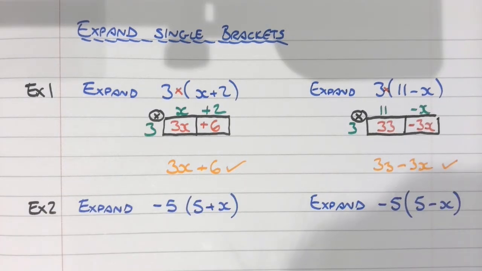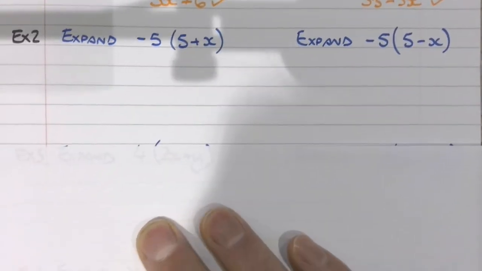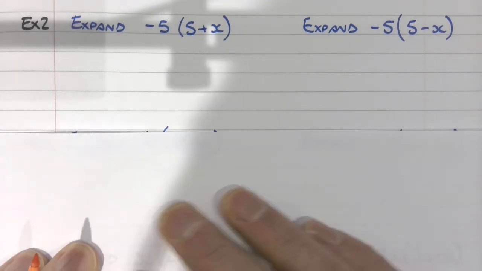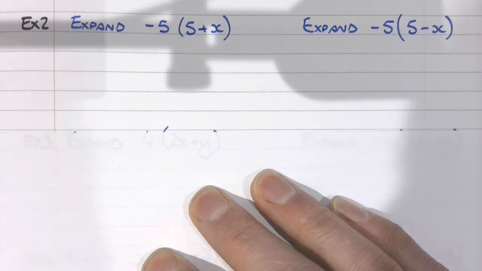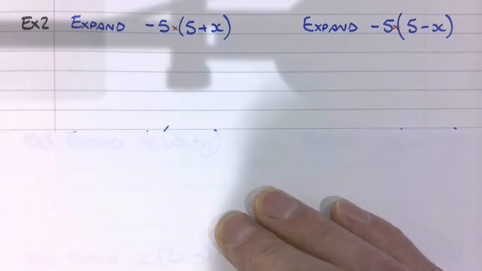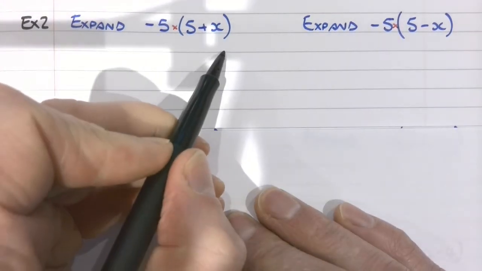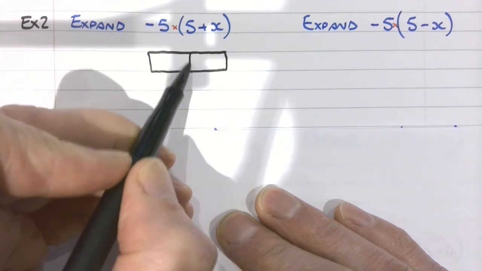Okay, let's have a look at the next example then. So, move down. Right, so what's a little bit different here is we've got a minus number outside the bracket now. But we're still doing some multiplying. And we're still going to use our multiplication boxes because that's the easiest way of doing these things. So we draw our nice big boxes so everything fits in.